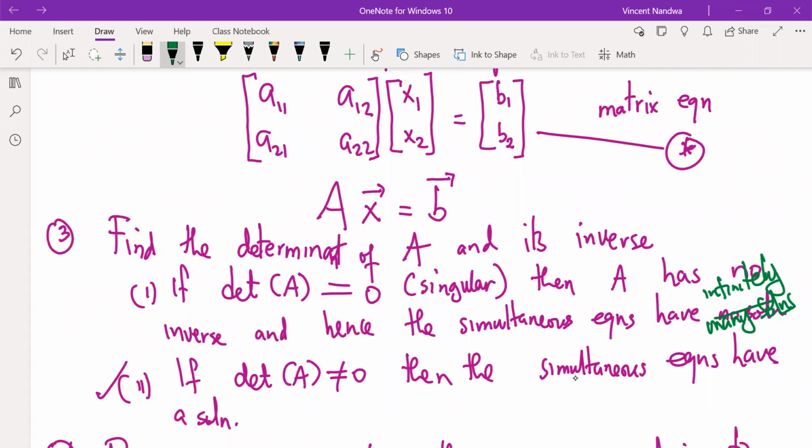Let's check whether it's also a possibility of having the determinant to be 0 to be a case where there are no solutions.